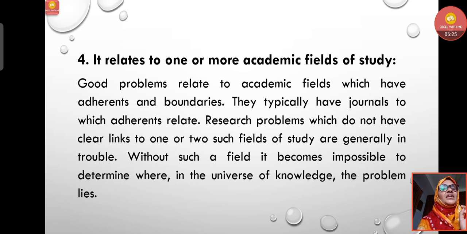Without such a field, it becomes impossible to determine where in the universe of knowledge the problem lies. So, it should relate to one or more academic fields of study. You should not stick to just one area. So, it should relate to one or more fields.